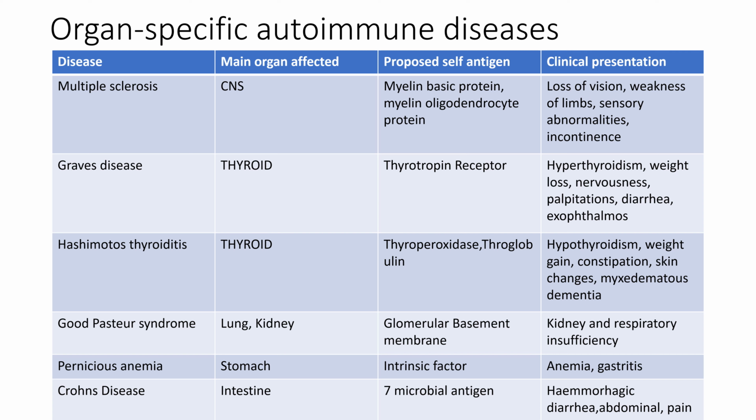In pernicious anemia, as we have already discussed, there is vitamin B12 malabsorption, and there are autoantibodies against the intrinsic factor, which ultimately results in anemia and gastritis. In Crohn's disease, the main organ affected is the intestine, and a microbial antigen is involved, which results in hemorrhagic diarrhea and abdominal pain, the clinical presentation in the patient.